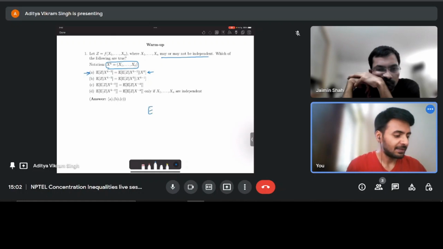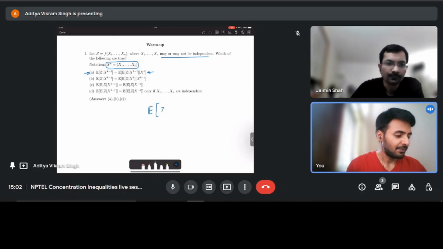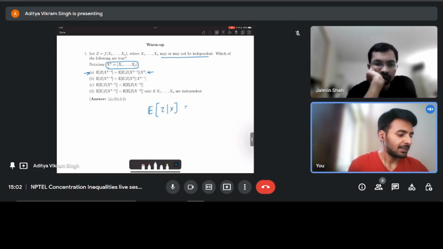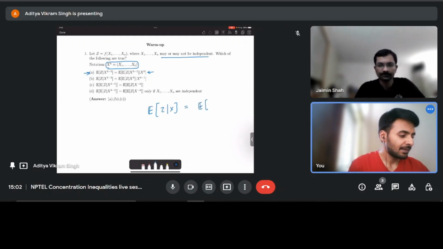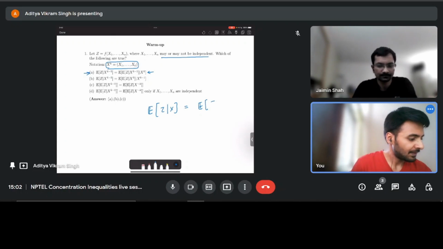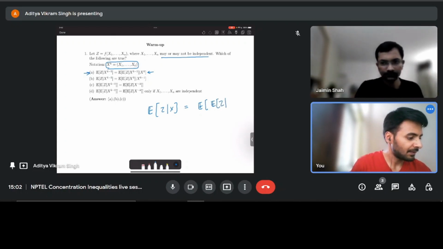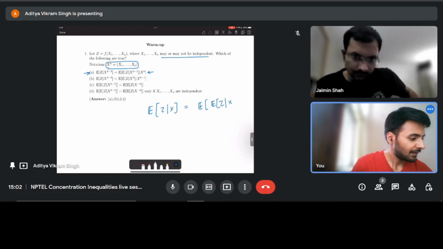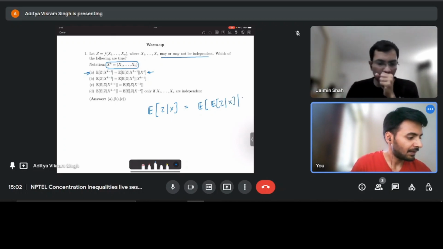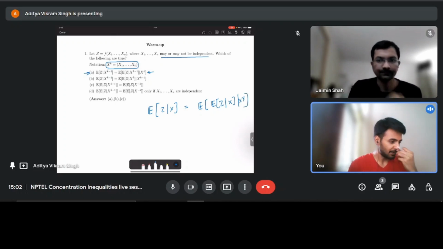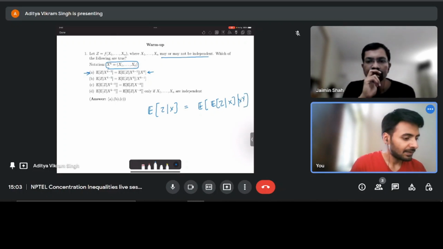So suppose we want to compute expectation of z given x and y.